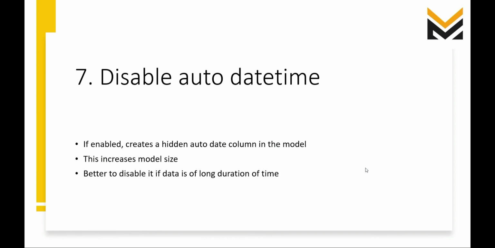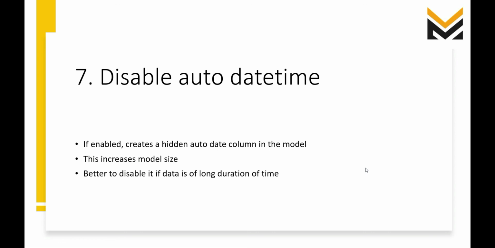So the seventh technique is to disable auto date time. Actually, for the date columns that you have in Power BI, if your auto date time is enabled, then a hidden auto date column is going to be created in Power BI, right?